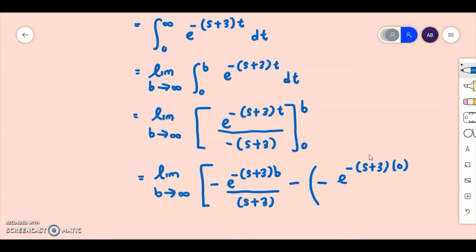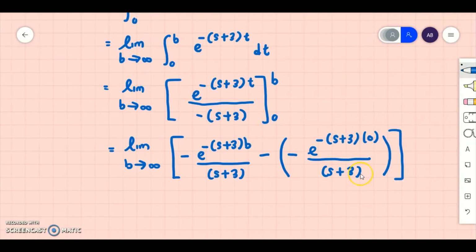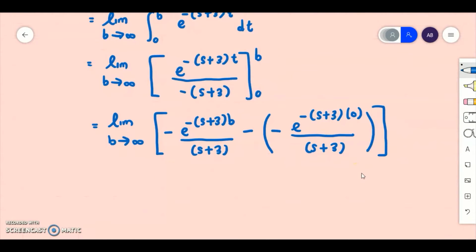This is where my t is 0. Now this is a silly way to write, but it's okay. If you want to avoid mistakes, you can actually do this. There's no harm in doing this. The main thing is at the end you simplify your operation here. So now we have b. Okay, this will remain the same.